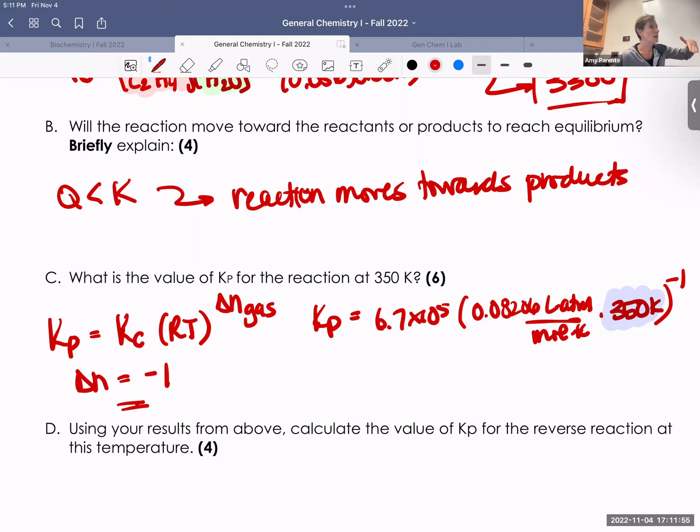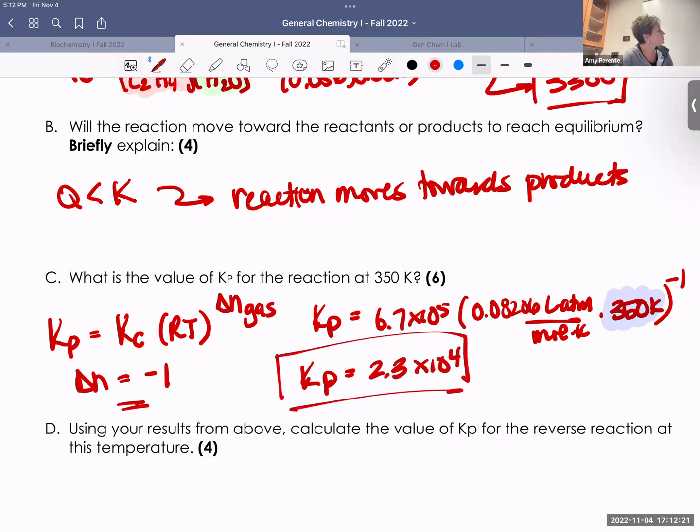If you don't know what it means to put something to the -1 power, it means it's in the denominator. So we're basically going to multiply those 2 things together and then take 1 over that number. A lot of calculators will have a -1 function, and then we multiply that by 6.7 times 10 to the 5th. What we end up getting is Kp is 2.3 times 10 to the 4th. So that's what you'll get for that answer.